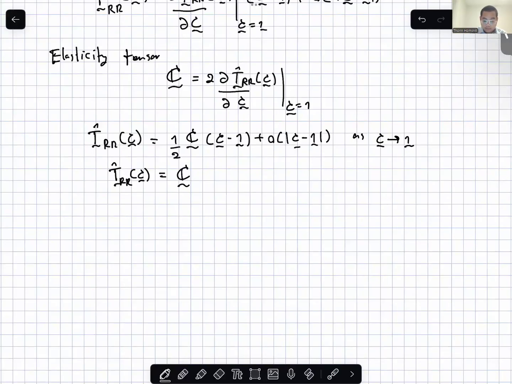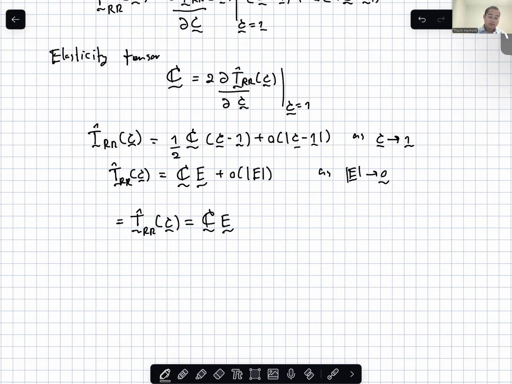So this one is just scalar, C dotted with E. As we neglect the higher order terms, we can just carry on with the little o of E as E reaches 0. Because of the small deformation assumption, we're going to have T_R equal to the elasticity tensor times the strain tensor, the Lagrangian strain tensor.